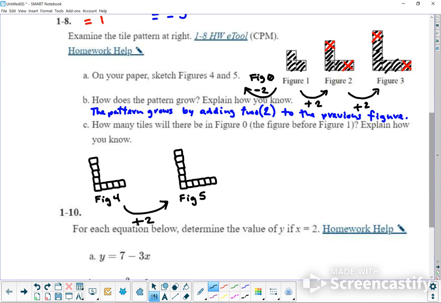So we have to subtract 1 along the bottom and 1 along the column. So figure 0 should only have 1 tile. So on C, I'll say figure 0 should only have 1 tile.